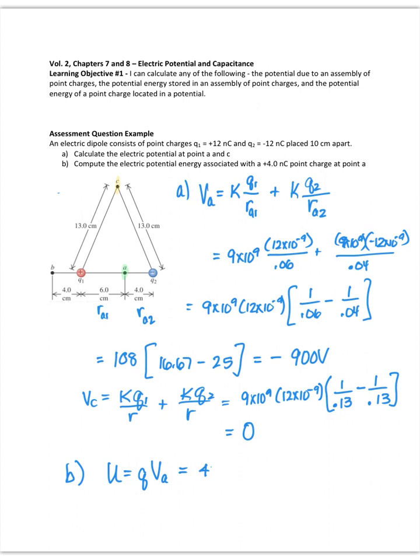So we get 4 times 10 to the minus 9 times the minus 900 volts. And this will give us minus 3.6 times 10 to the minus 6 joules, or I could write it as minus 3.6 microjoules. And so that's just a simple example of the type of problem you might run into.